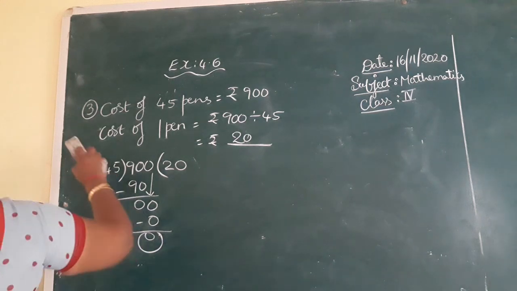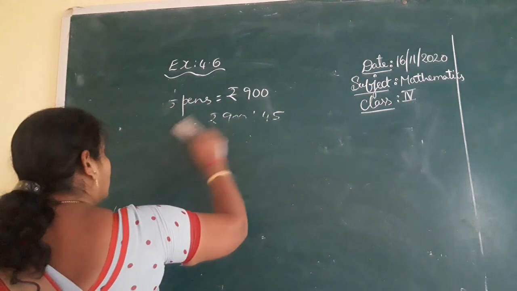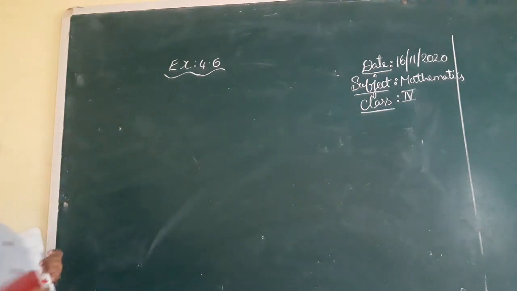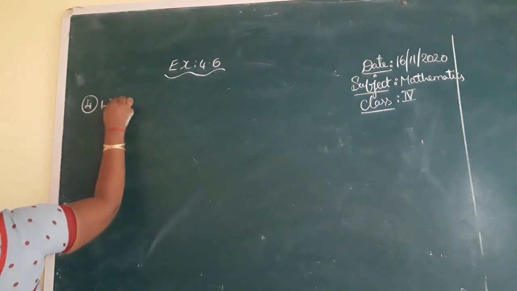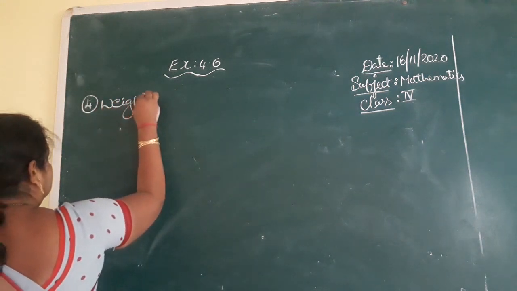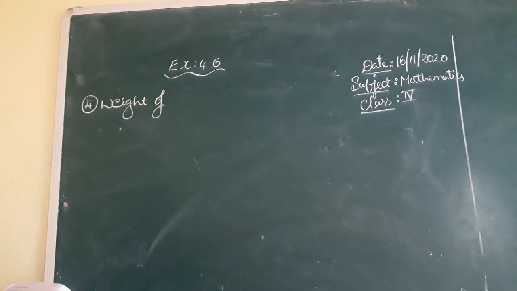Fourth one, children. The weight of 89 bags of wheat is given and they are asking for the weight of 1 bag. Instead of writing weight, you can also write quantity. Both have the same meaning.